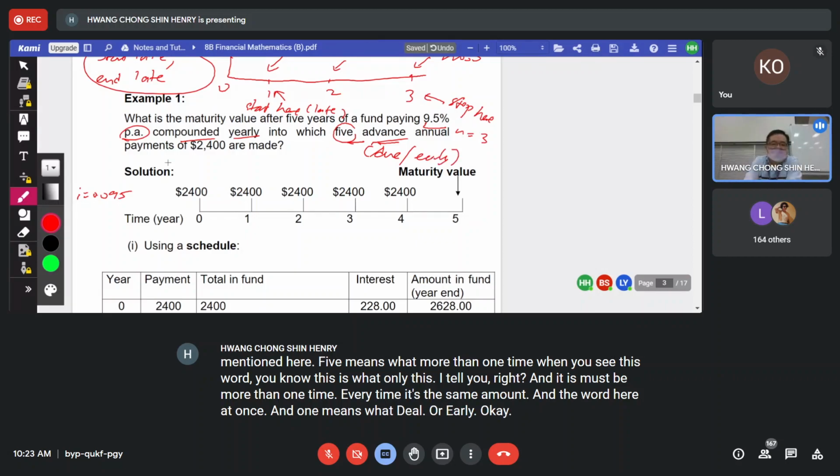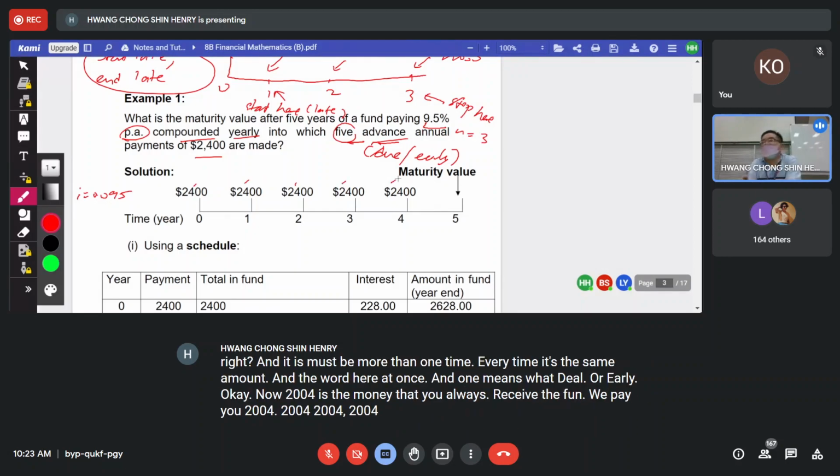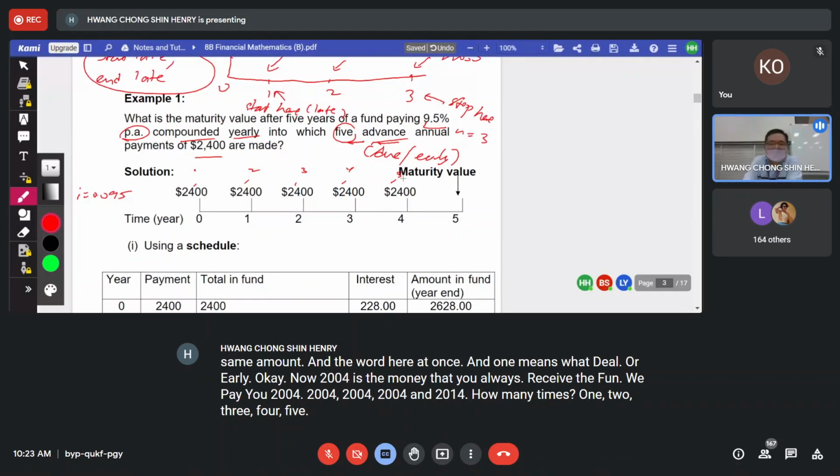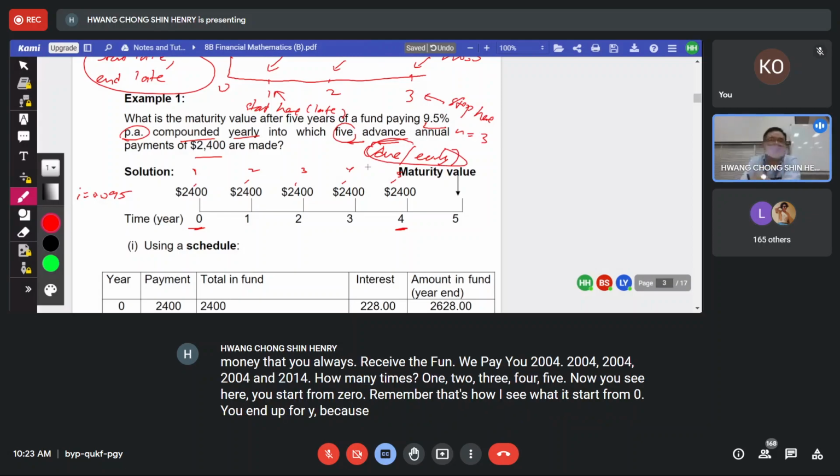Okay, now 2004 is the money that you always receive. The fund will pay you 2004, 2004, 2004, 2004, and 2004. How many times? 1, 2, 3, 4, 5. Now you see, you start from 0. Remember how I mentioned, you start from 0, you end at 4. Why? Because early.